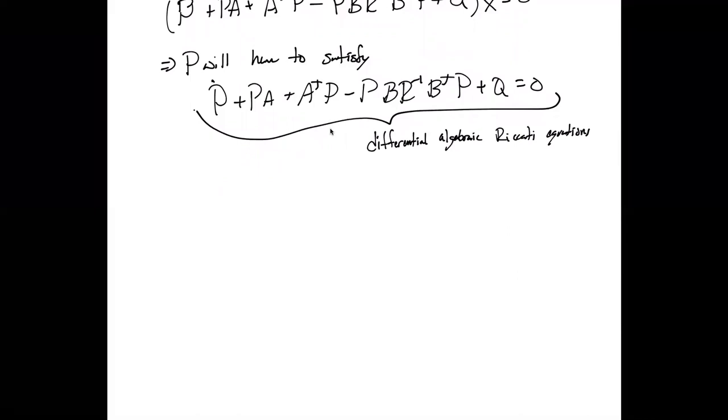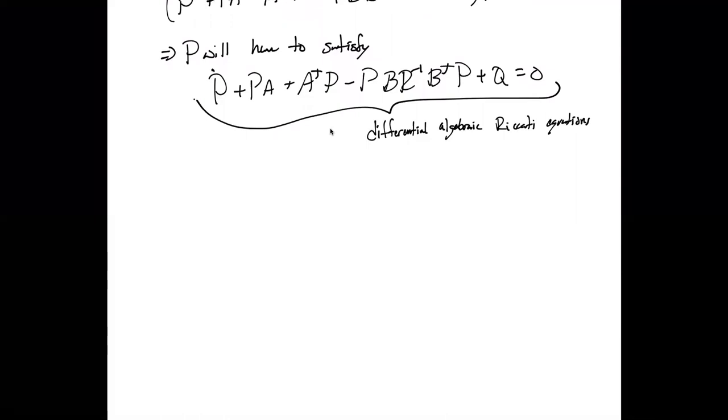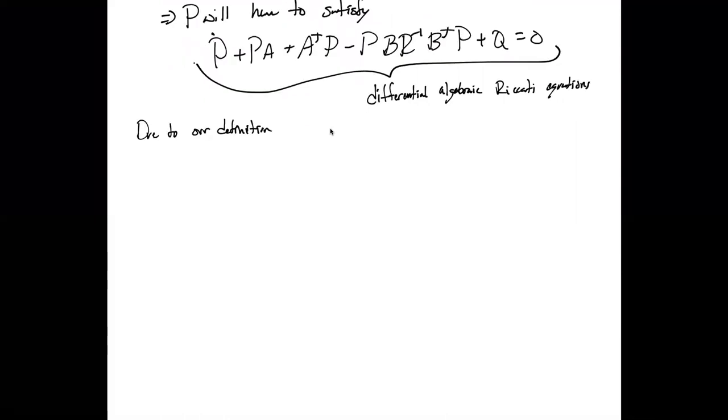And then also note that due to our definition of lambda, the controller u, which is equal to R inverse B transpose lambda, is equal to minus R inverse B transpose Px.